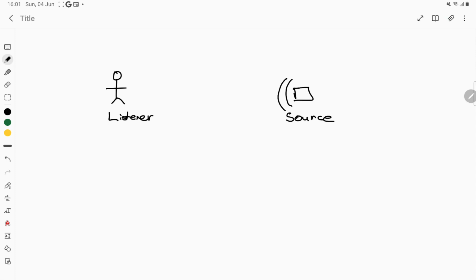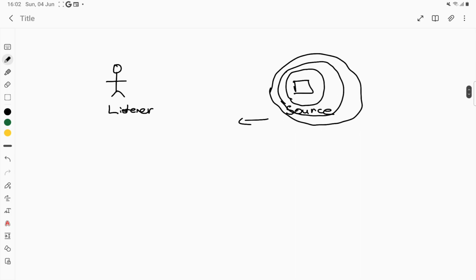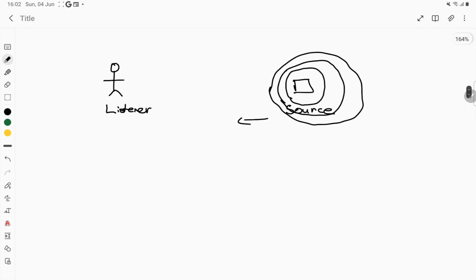Let's see if I can draw this. They will sort of be compressed in the direction it is moving. So when this sound source comes closer, the listener will hear a pitch that is higher in frequency, because there is a lower wavelength.